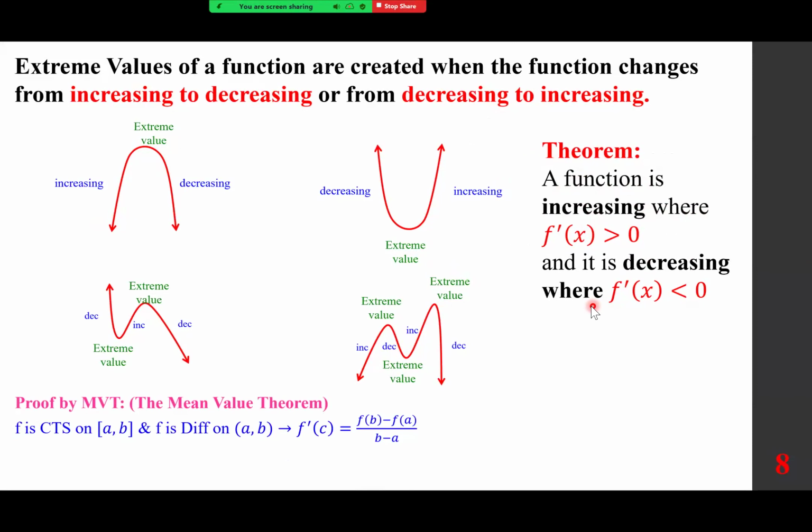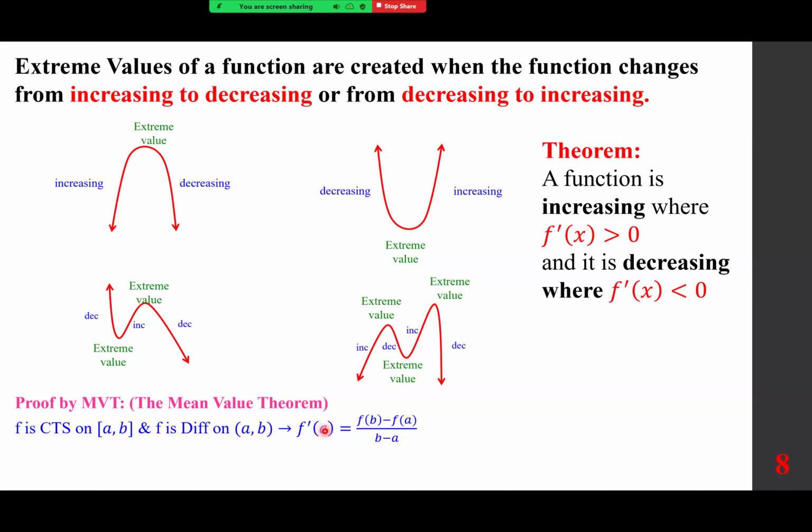There is something called the mean value theorem, which indicates if f of x is a continuous function on the closed interval from a to b, and f is differentiable on the open interval from a to b. If you connect the endpoints a and b, it creates a secant line with a slope of f of b minus f of a over b minus a.